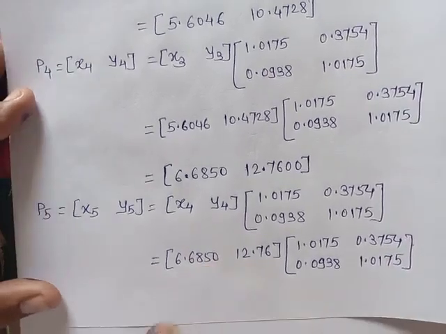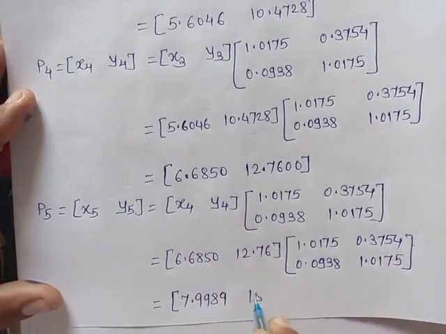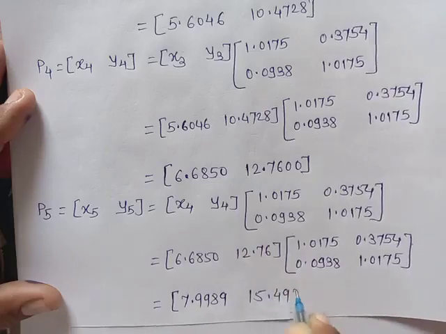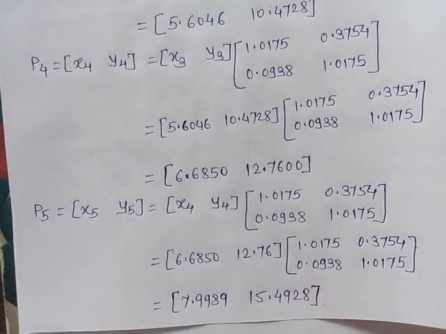And simplifying it, we get 7.9989 and 15.4928. This is our point P5.